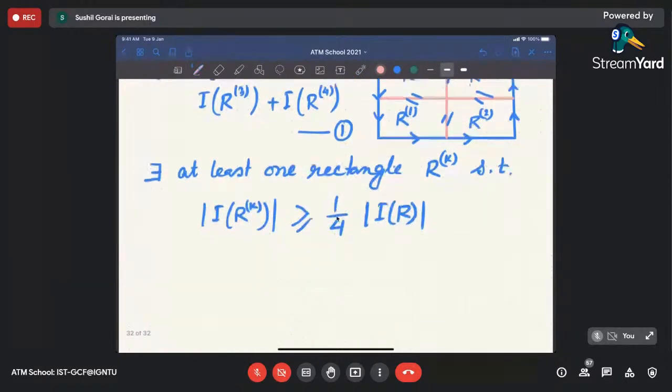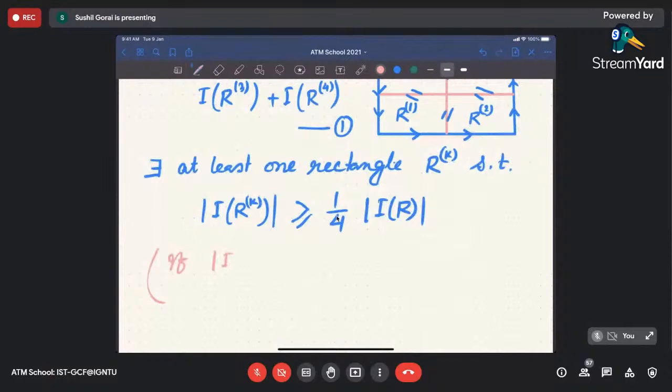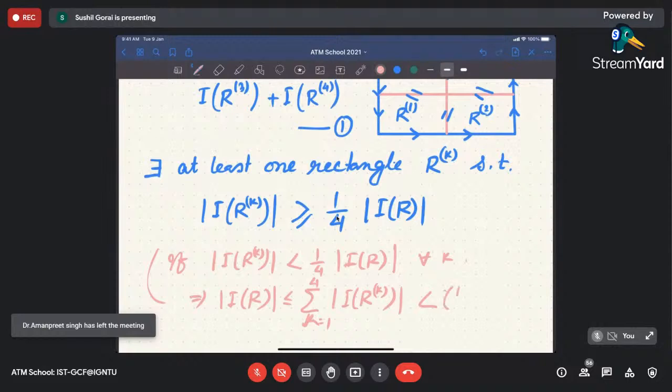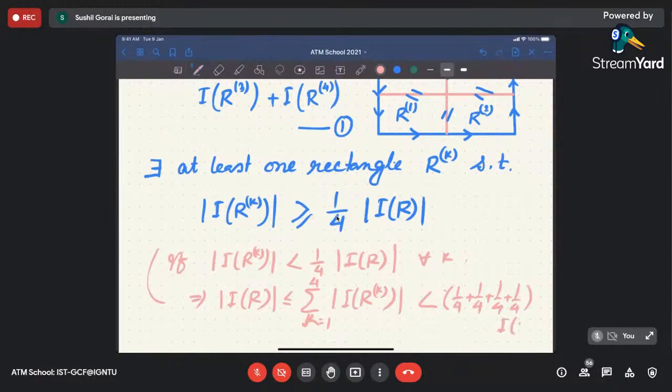So let me give a small argument. If mod IRk is strictly less than 1/4 mod IR for all k, that means mod IR, which is less or equal to the summation over k equal to 1 to 4 of mod IRk, is strictly less than 1/4 plus 1/4 plus 1/4 plus 1/4 of mod IR, right?